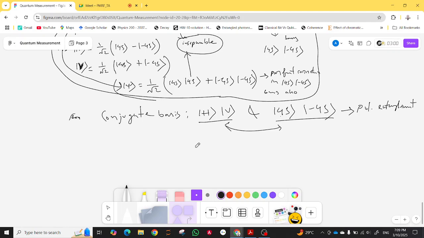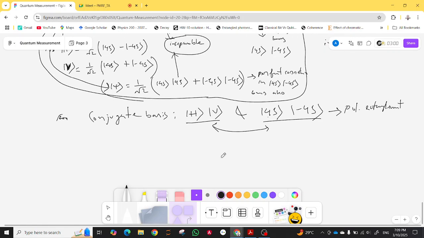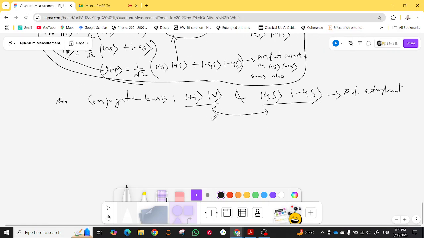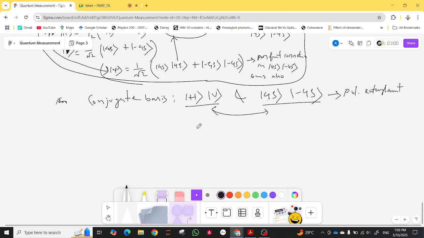Similarly, do you have any other example of conjugate bases? Some other example will be position and momentum, right? These two are also conjugate bases. So in this case, you will have entanglement in position momentum.